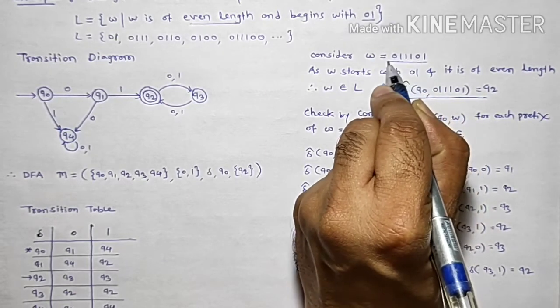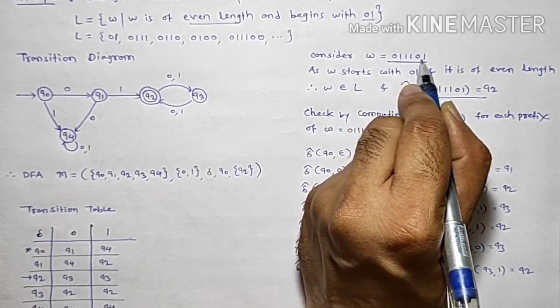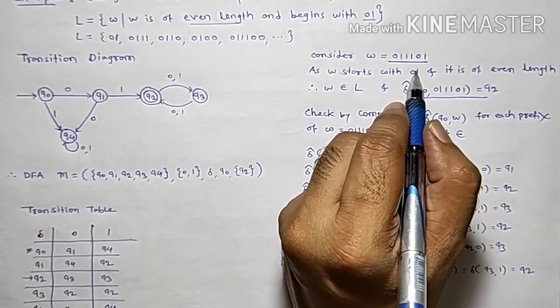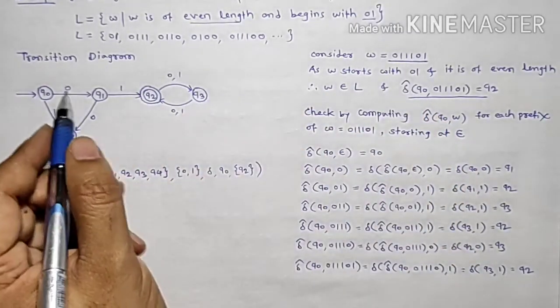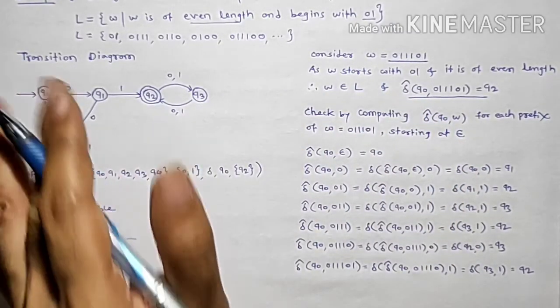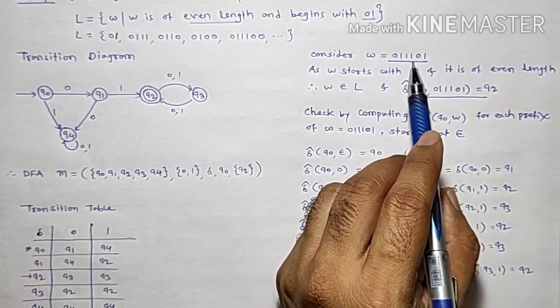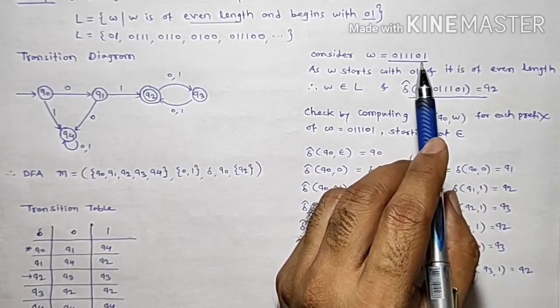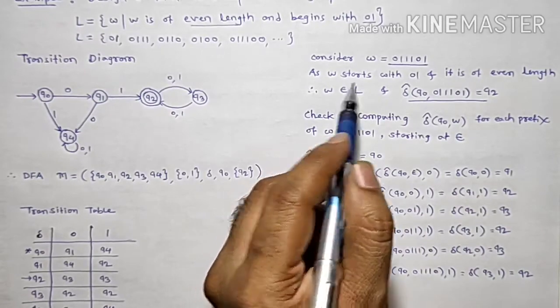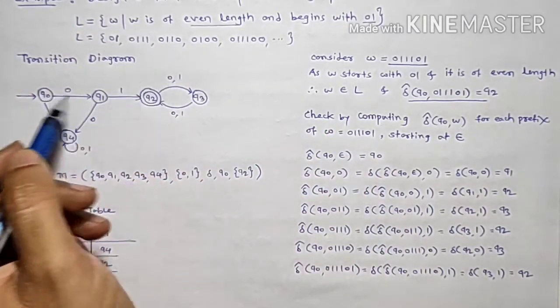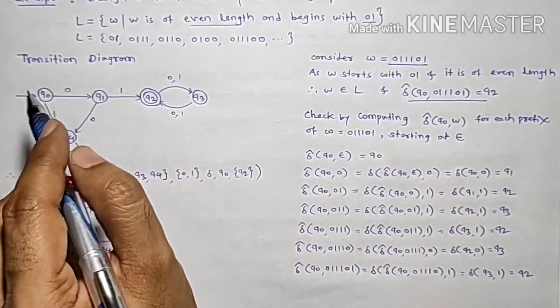This string starts with 0 1 and is of even length, its length is 6, so it is accepted by our DFA and belongs to the language defined by this DFA.